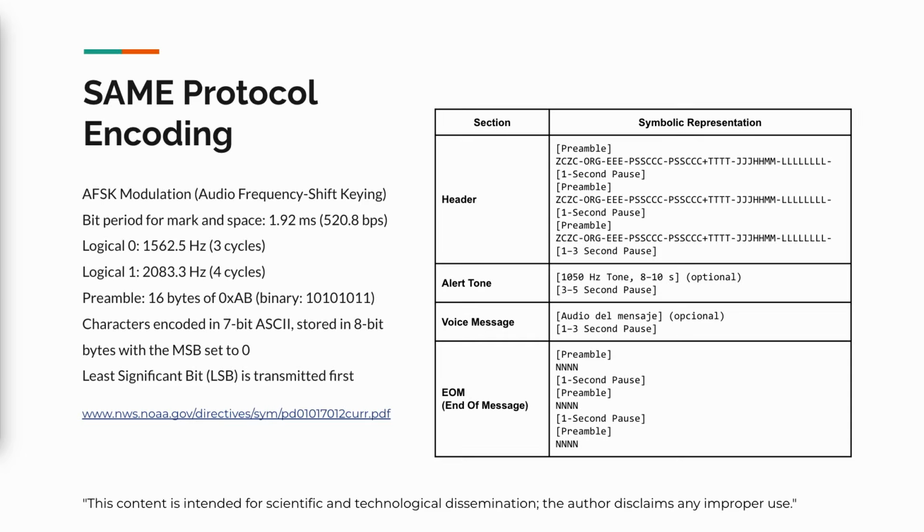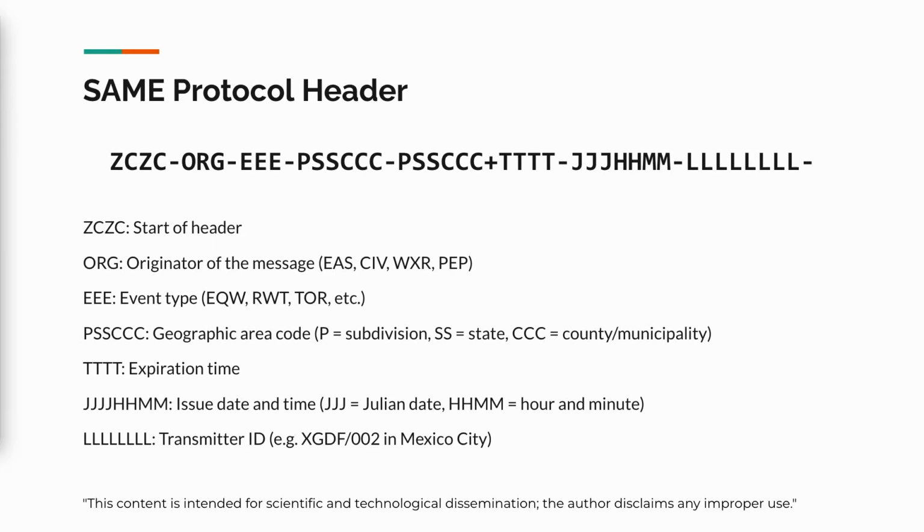There is a link to the specification of the SAME protocol. And here are the details of the header. There is a character for the start of the header. Then there is a code for the originator of the message. Then there is a code for the event type. Then there is a code for the geographic area, which can be several in a message.